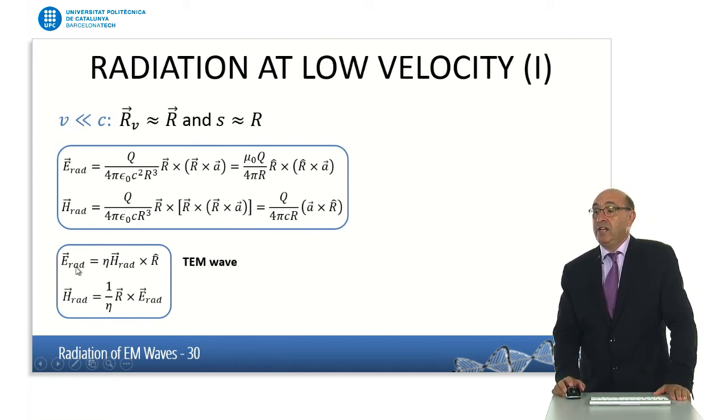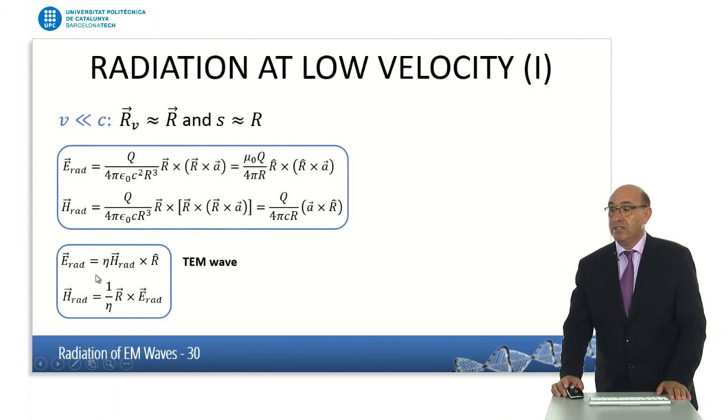the electric field radiated by this charge is related to the magnetic field through a simple expression, the cross product of the magnetic field and the unit vector in this direction. And then we have here an impedance that will just make the correct units for this.